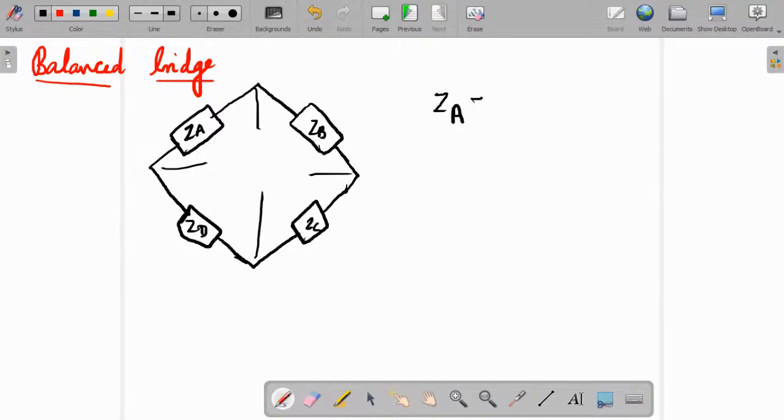So ZA into ZC will be equal to ZB into ZD. Then we say the bridge is balanced.